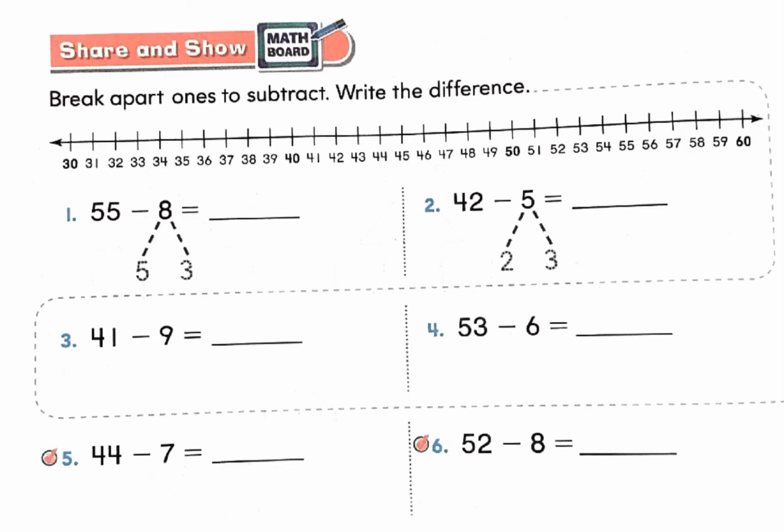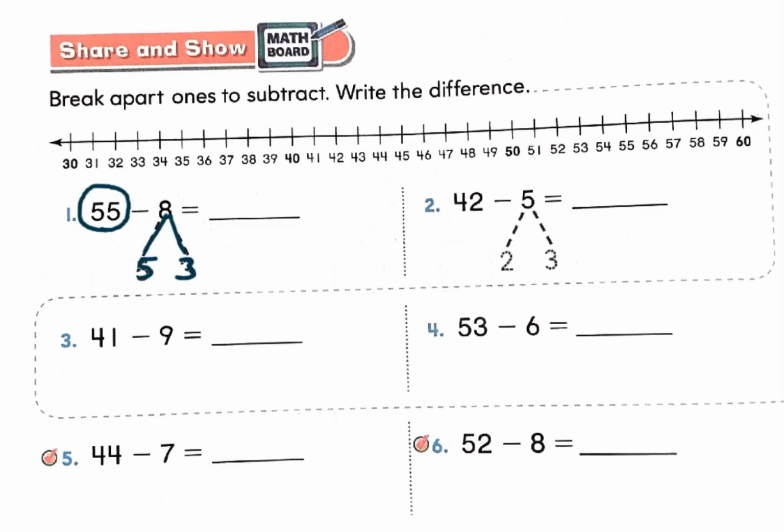Number 1. 55 minus 8 is, so we're going to break apart the 8 into two parts. We know that 5 and 3 makes 8. We need to turn 55 into the nearest 10.